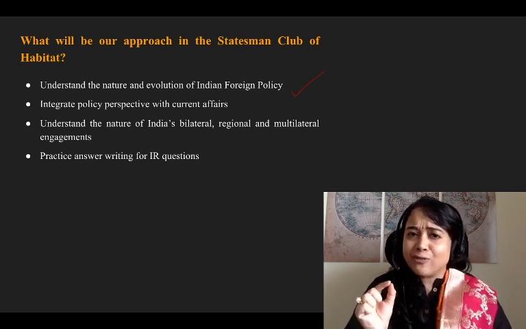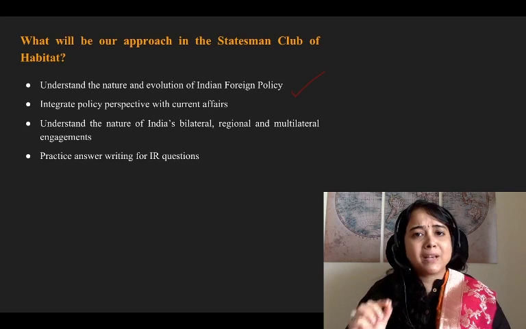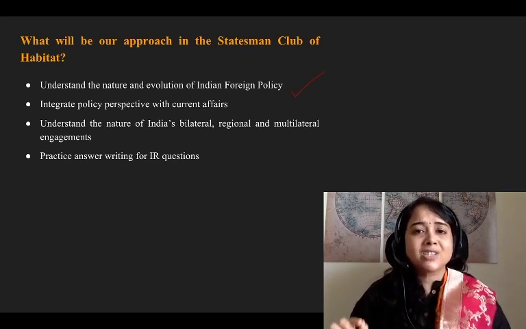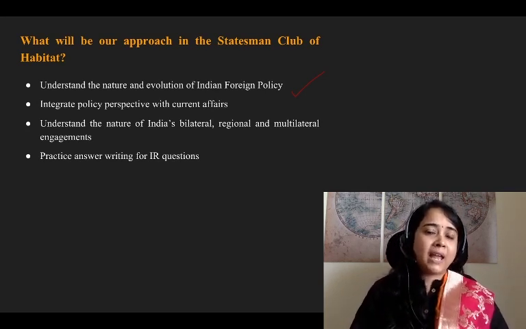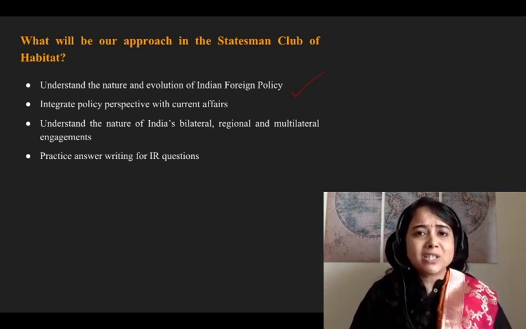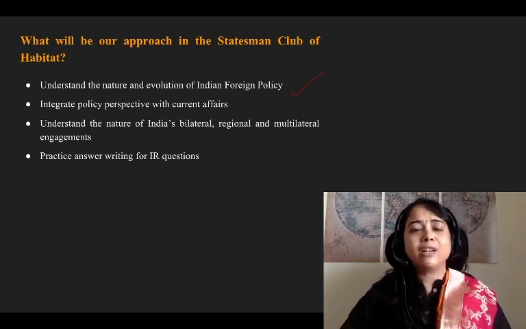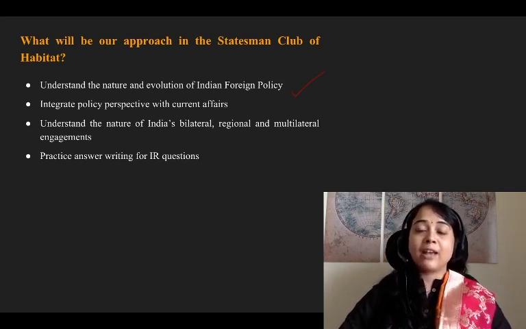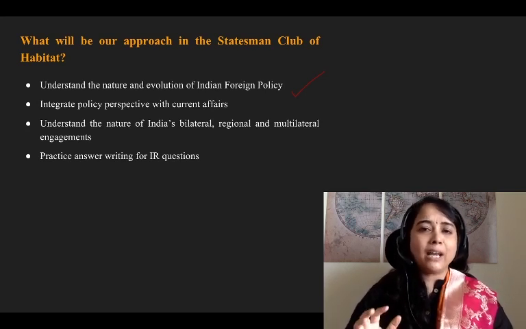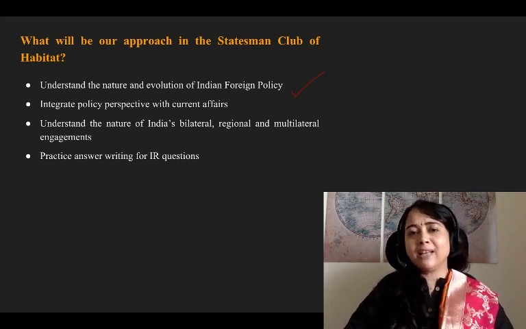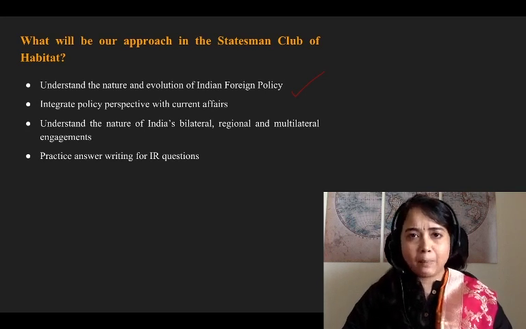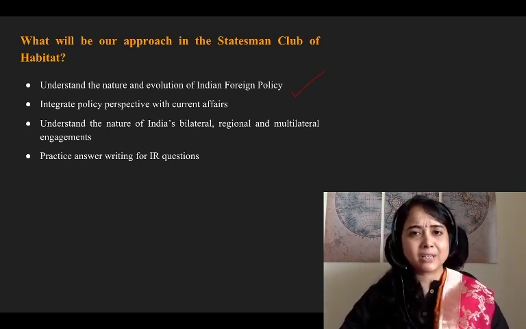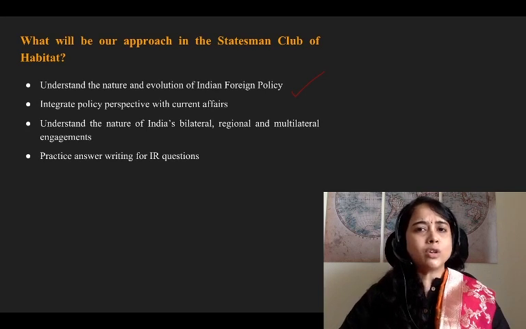Foreign policy has a very specific objective, and that specific objective is to prioritize the interests of a particular nation. Therefore, we have some specific interest with each and every region of the world. If tomorrow our Prime Minister or our President visits any country in the Middle East, even before reading what kind of agreement or MOUs has been signed, the first thing that should come to our mind is, oh well, our Prime Minister visited, say, Saudi Arabia.